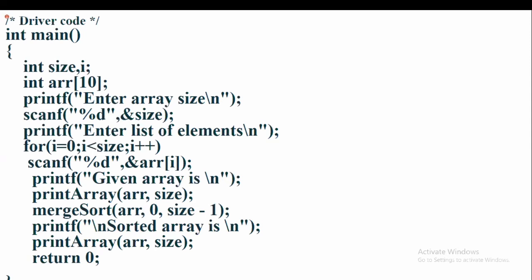That's why j value is increased and k value is increased. When either list reaches the end, the other list's elements are directly copied to the sorted array.